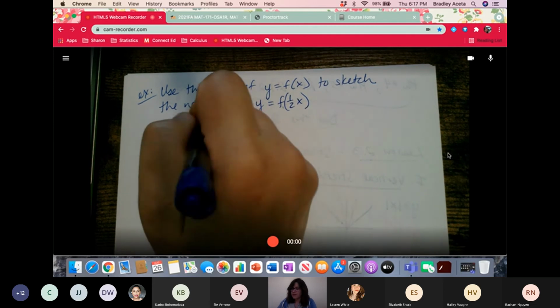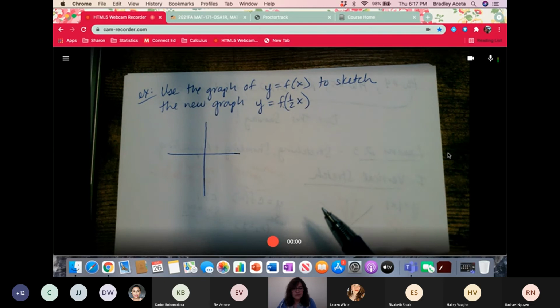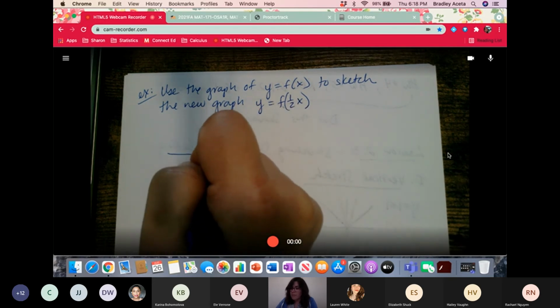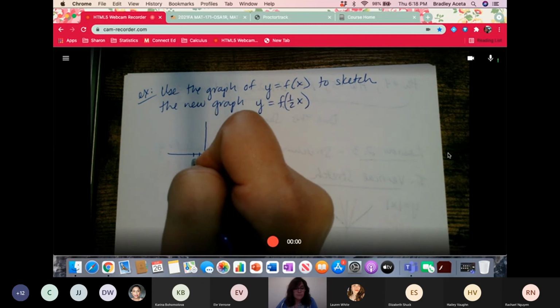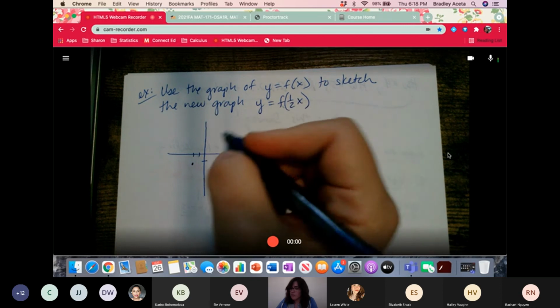Okay. And they do give you a graph, and let me plot the points for you if I'm looking correctly. So you have 2, -1. And then 0, 1.